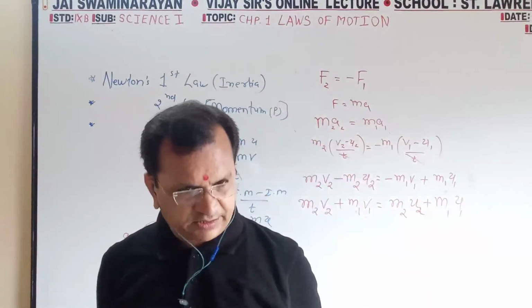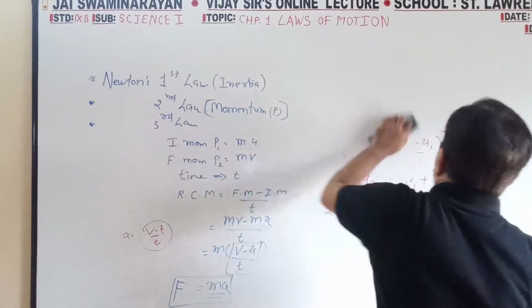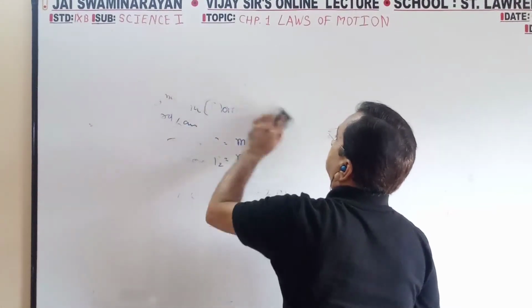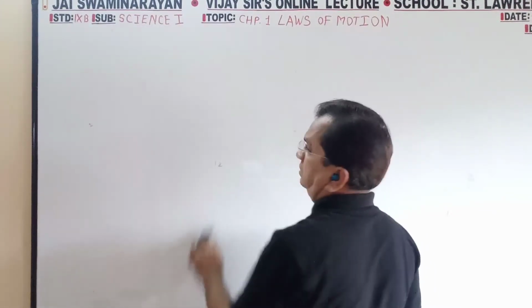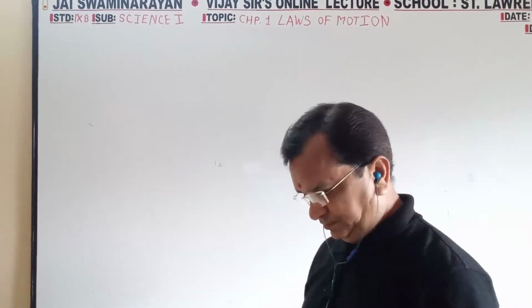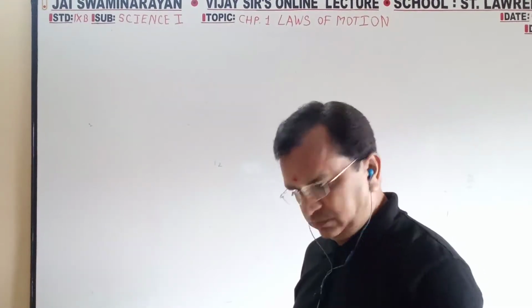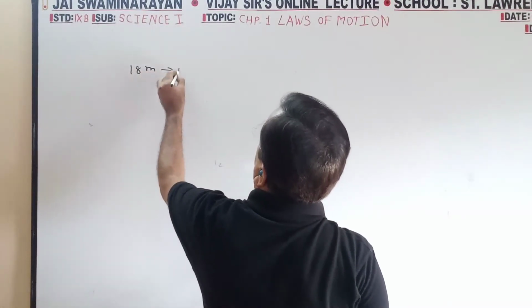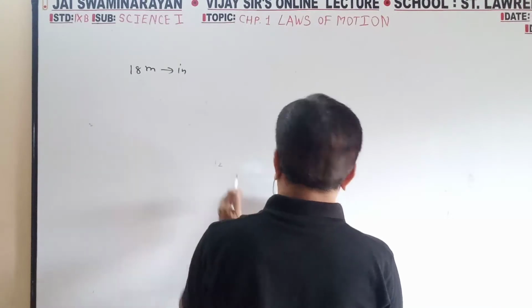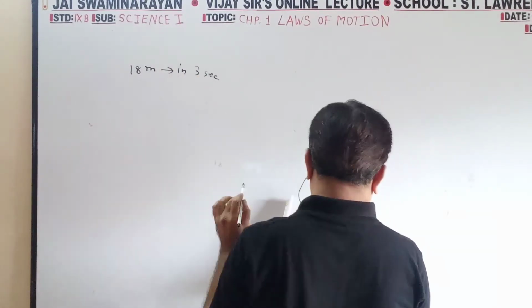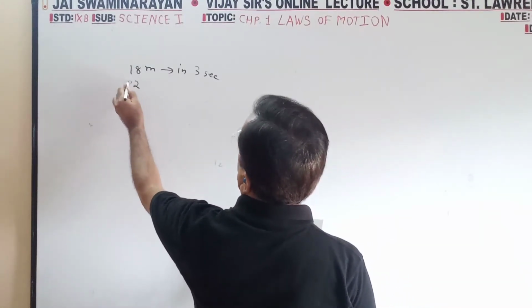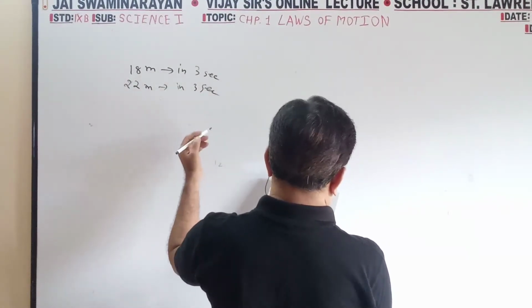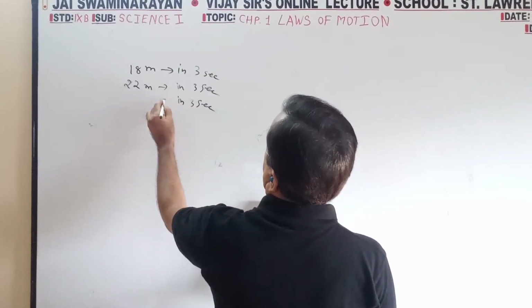Now there are some sums that I want to explain. A body moves 18 meters in 3 seconds, moves 22 meters in the next 3 seconds, and in the next 3 seconds moves 14 meters.